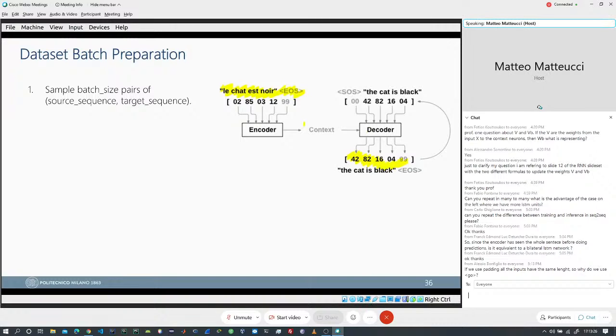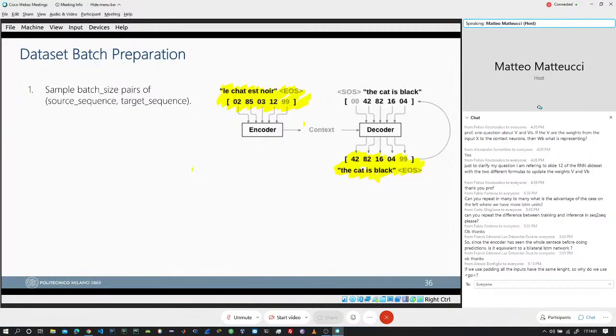At training time, you already know the sentence you are translating. So you try to translate this sequence into this sequence, and you do it one character at a time. Let me highlight the difference.